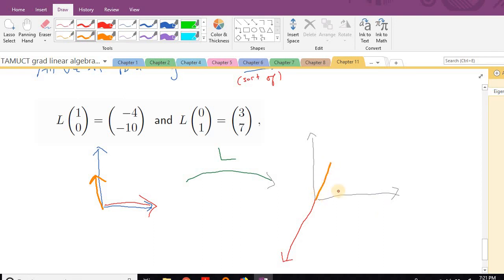It's not going to be the same line. It's actually going to be steeper. Okay, so this is (3, 7), and this is (-4, -10).